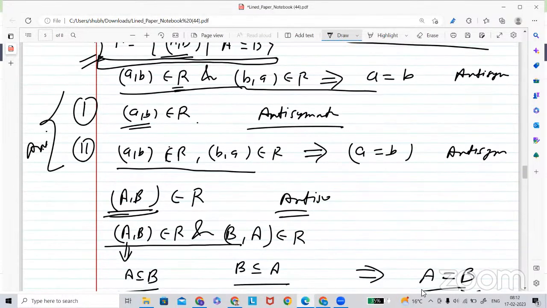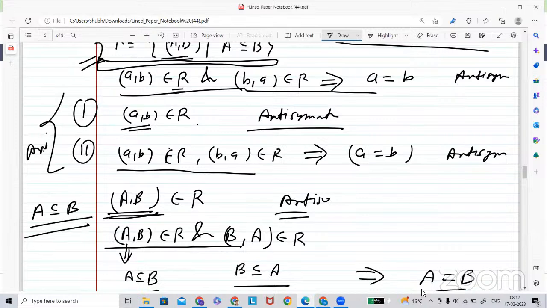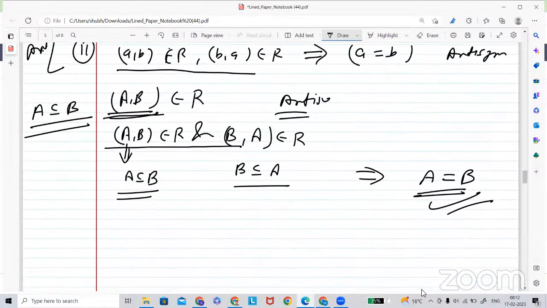If only this is happening, if A is a subset of B, see, this is a collection of pairs where the elements in each coordinate are sets. If only this case is happening, let me make a relation myself. I'm making pairs with only two elements, let's say {1, 2} and {1, 2, 3}.